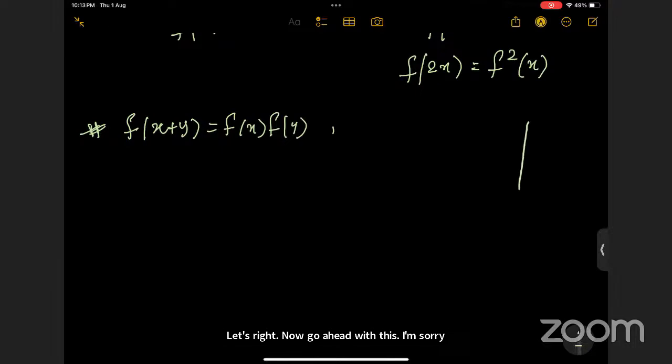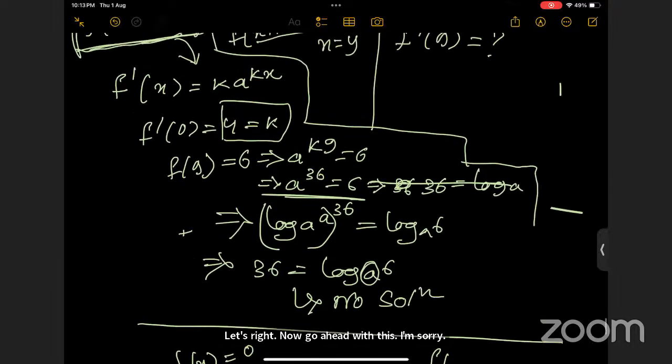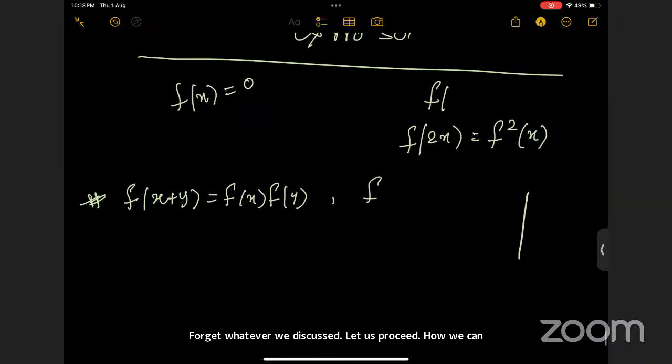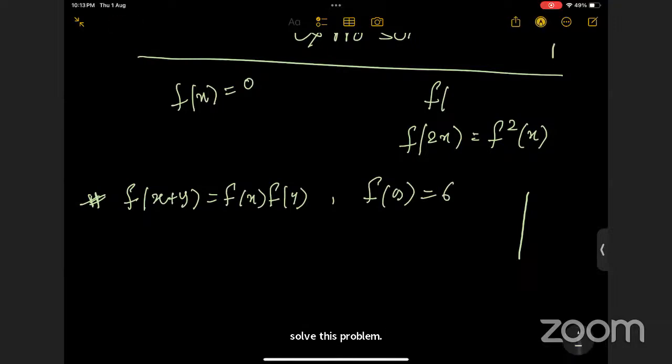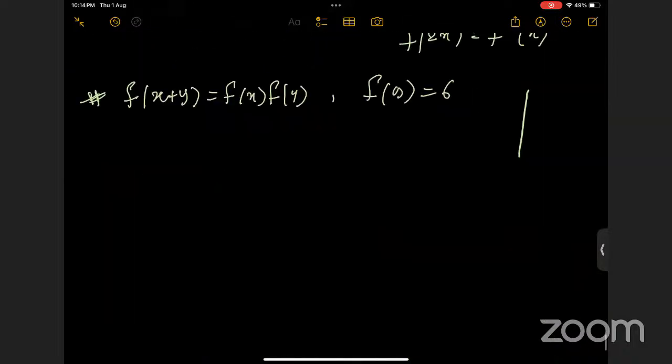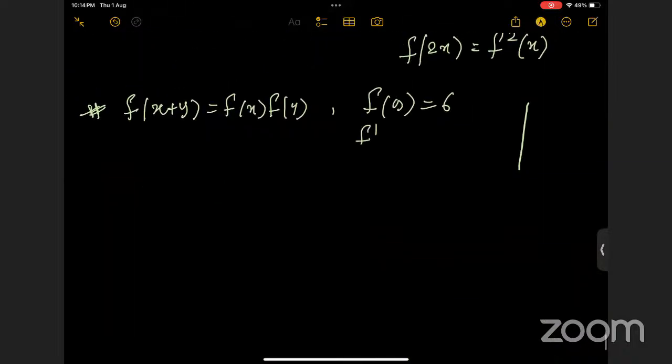Forget whatever we discussed. Let us proceed to see how we can solve this problem. This was the problem, right?